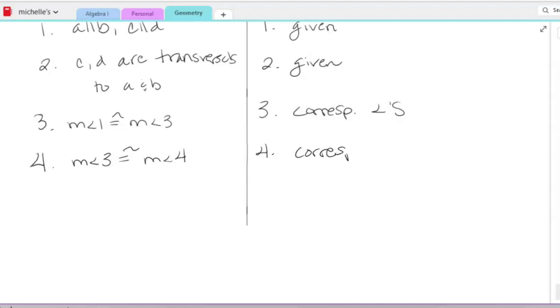I had 2 sets of parallel lines, if you remember. So I can switch the rotation and notice that they're both sets of corresponding angles. All right, now I have the measure of angle 1 congruent to 3 and 4 is congruent to 3. So now I can apply the transitive property and say that the measure of angle 1 is congruent to the measure of angle 4 by the transitive property.